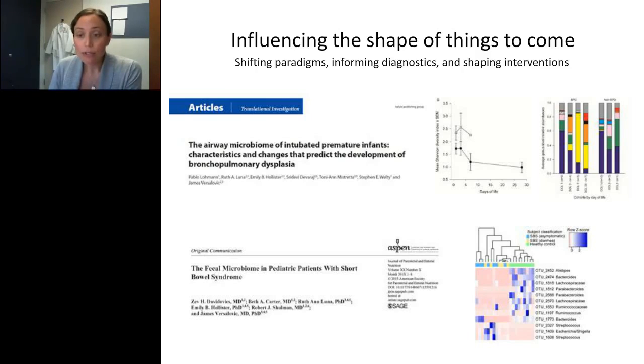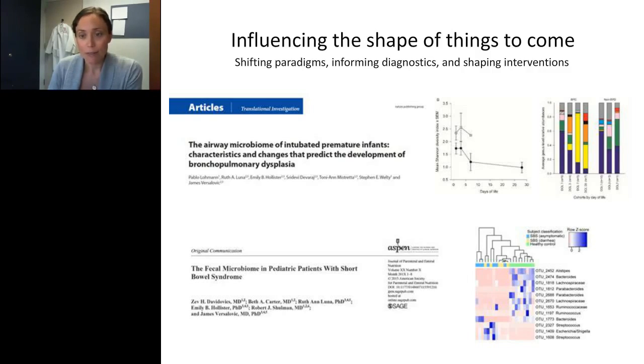Beyond the respiratory tract, we also have a variety of GI collaborators who are interested in characterizing the microbiome with respect to conditions of interest. One of these happens to be the fecal microbiome in patients with short bowel syndrome. This was work carried out by Zev Davidovics, who was a fellow here and is now at Connecticut.